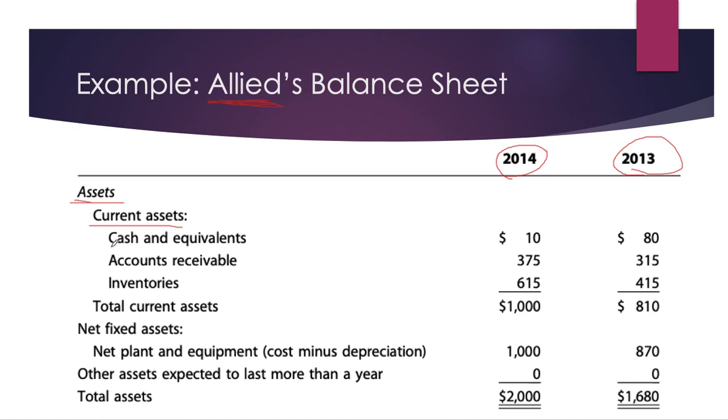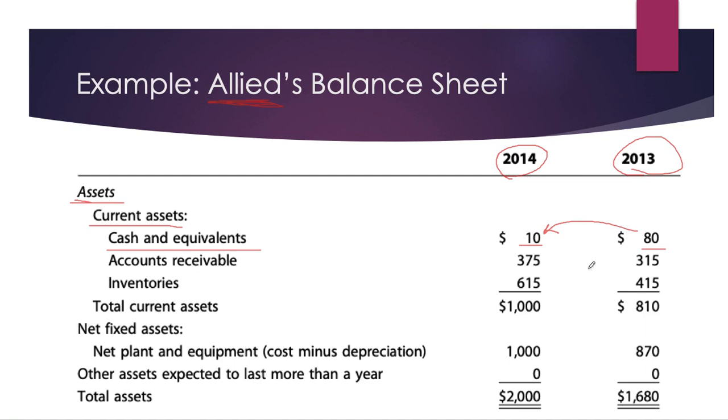Starting from the most liquid, we have cash and cash equivalents. And actually you can see it decreased from 80 million. The unit is millions of dollars. So this is 80 million. This is $10 million. So we can notice a decrease in the cash and equivalents for this company.